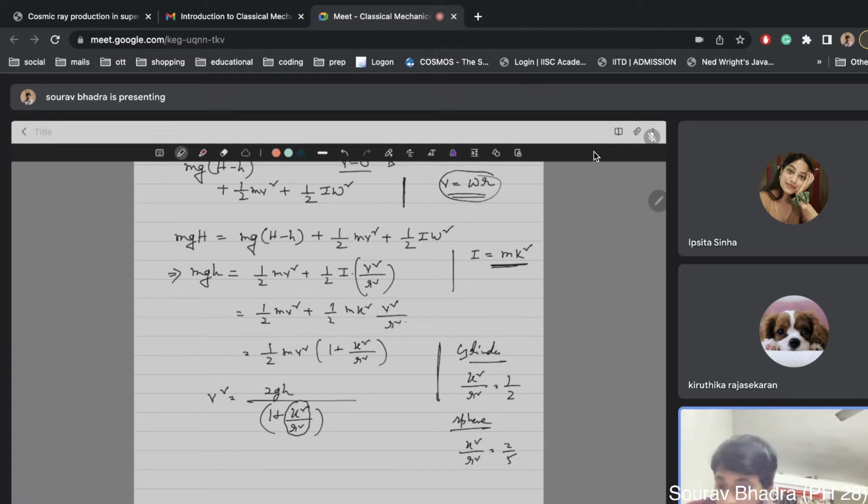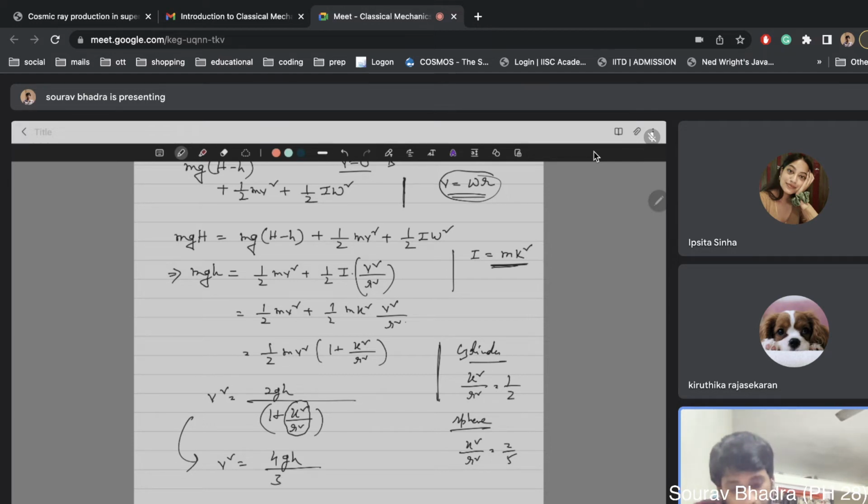Now, as we are considering the cylinder, let us consider k square by r square equals half. So 1 plus half is 3 by 2, which means v square will be 4 by 3 gh.